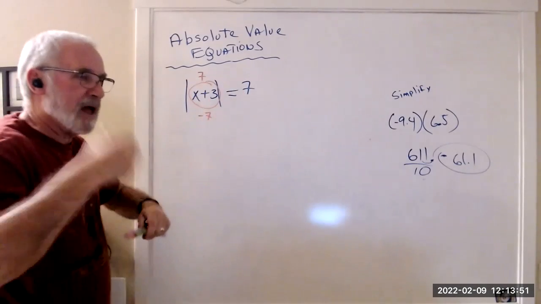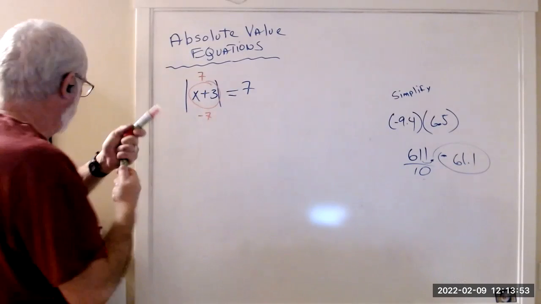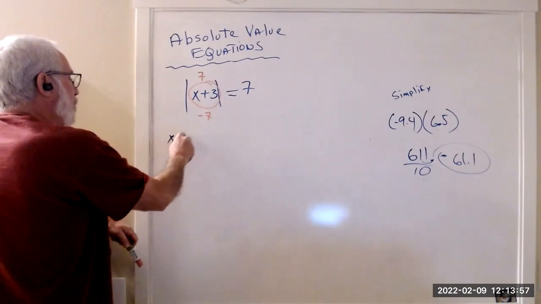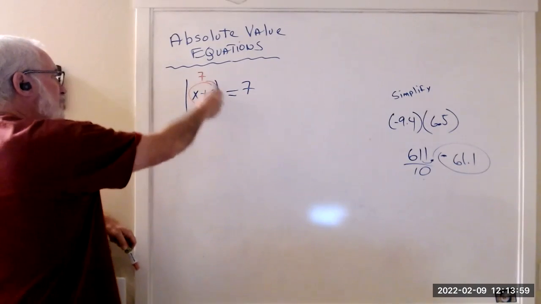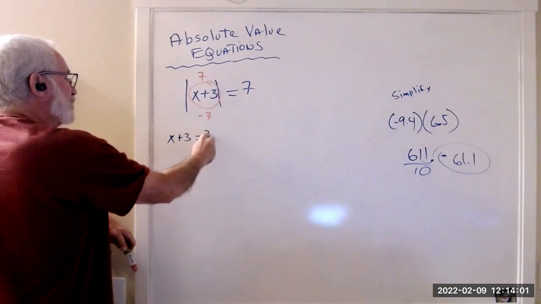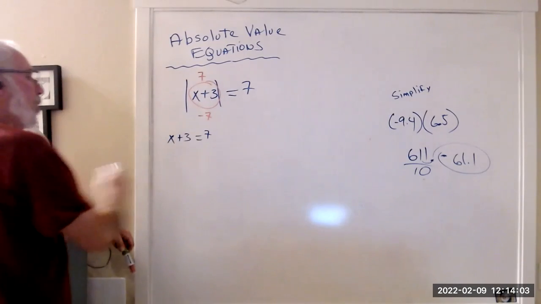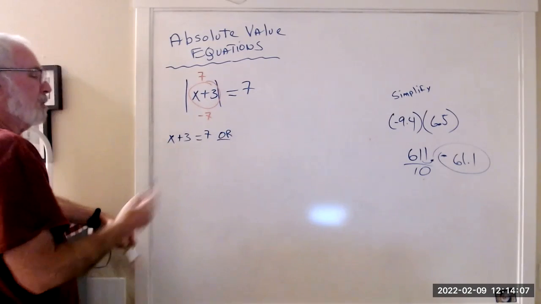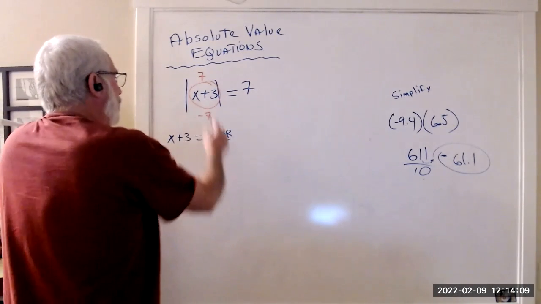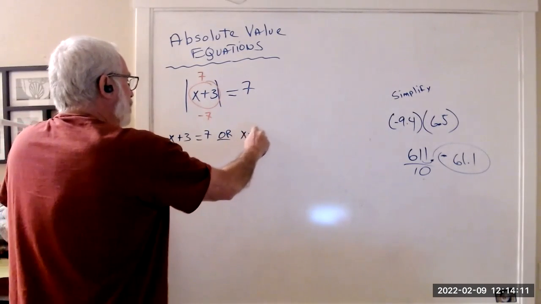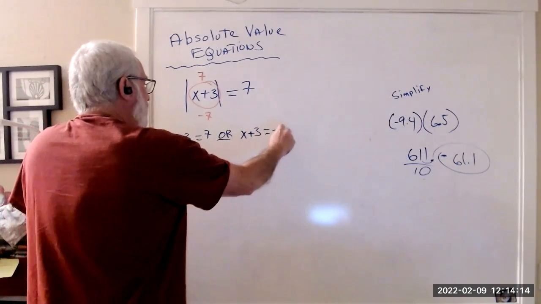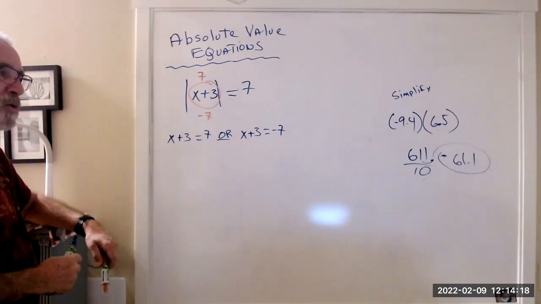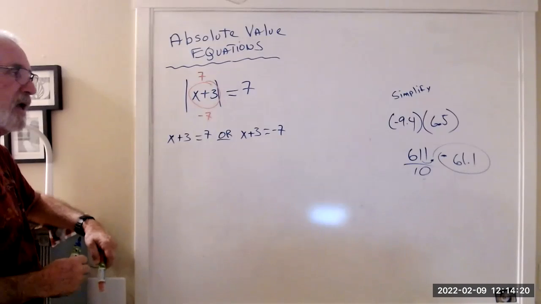So because of that reasoning, we split this up into 2 equations. We say the inside could have been worth 7, or, and the or actually is important, although most students don't write it, the inside could have been worth -7. We don't know, so we have to take everything into account.